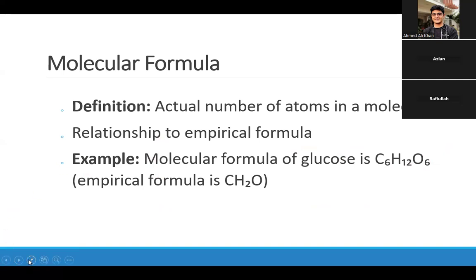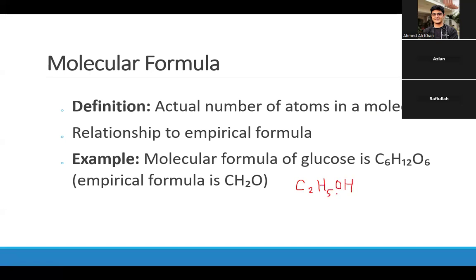And similarly, if I write the molecular formula of, let's say, ethanol, the alcohol, the common rubbing alcohol, it would be C2H5OH.